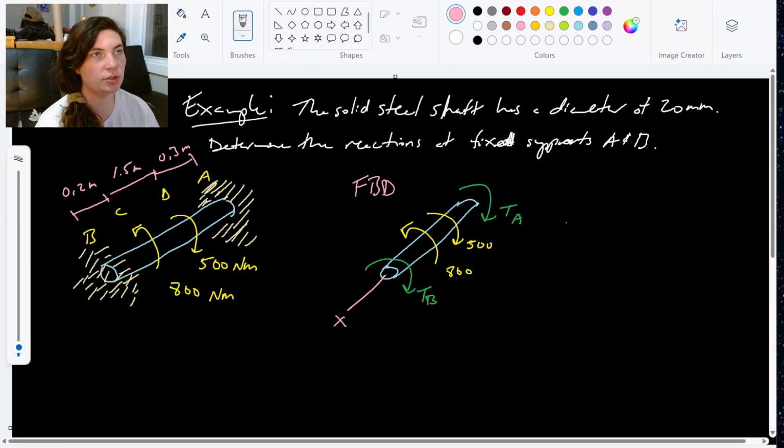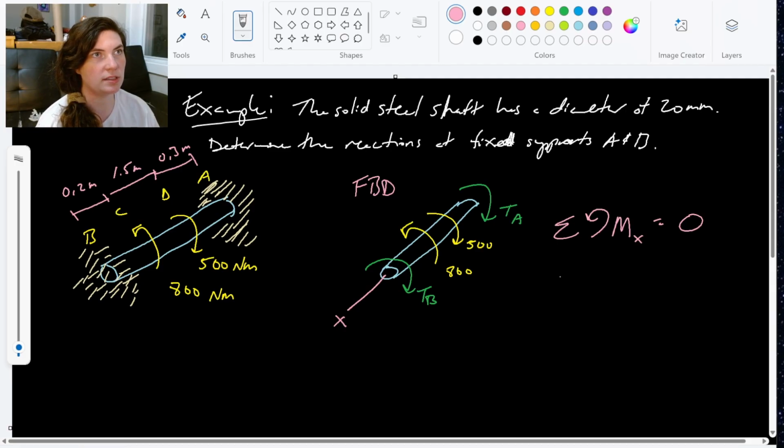I'm going to go ahead and do my equilibrium equation. So summing our moments, assuming counterclockwise is positive, summing our moments about that x-axis, about the rod here. So it's just that right-hand rule of which way this is going about this particular shaft.